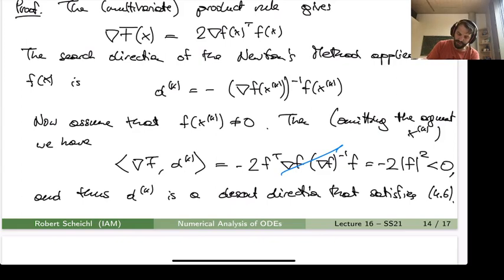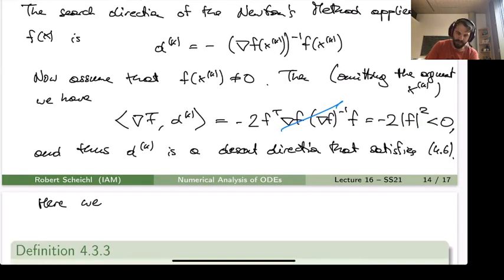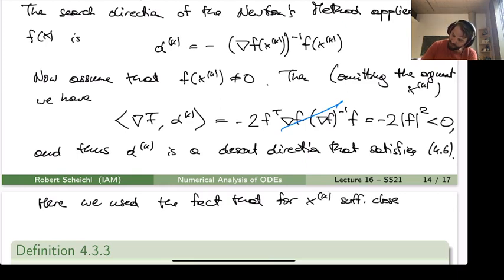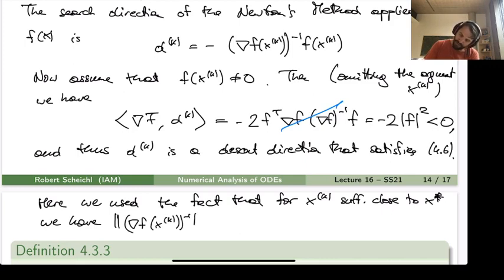And here we used the fact that for xk sufficiently close to x star, we have that this Jacobian inverse exists and is bounded, and this can be found by the perturbation theorem.